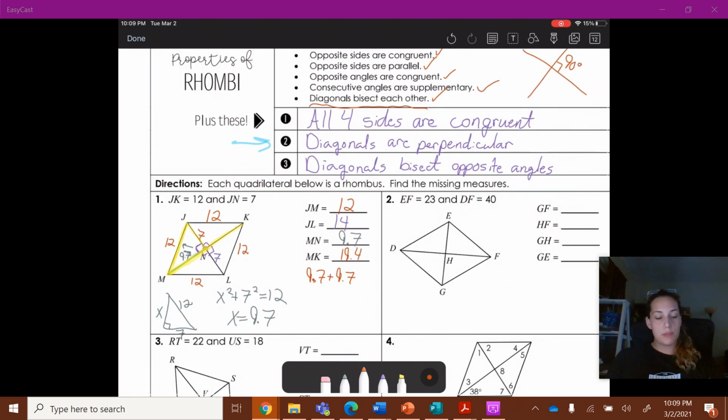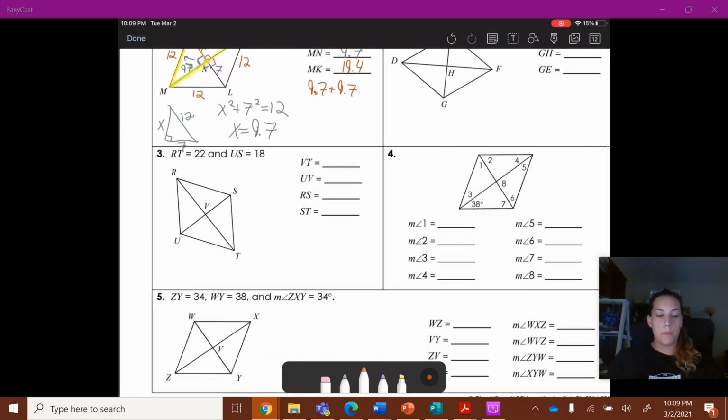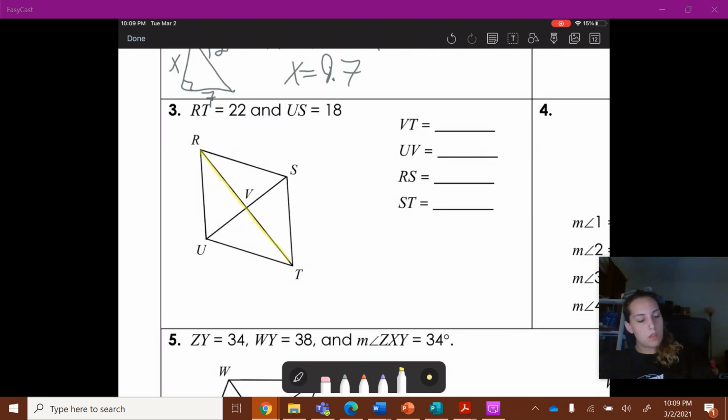I should be able to do number 2, so I'm going to jump down here to number 3. All right, RT is 22, so that total length from R to T is 22. I know that diagonals bisect each other. If you don't believe me, go look back at your notes. So RT is cut in half at point B, so that means I have a side of 11 and 11. 22 split into 2 parts is 11.